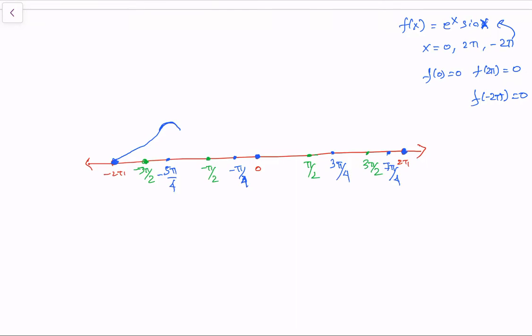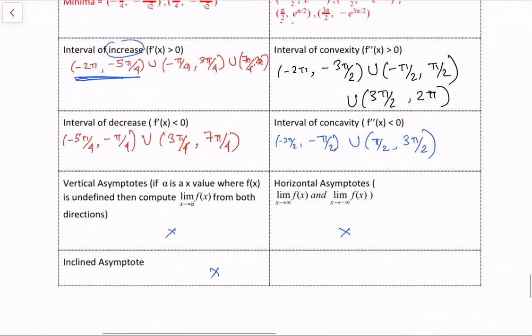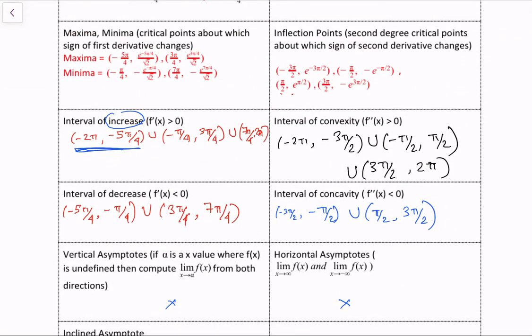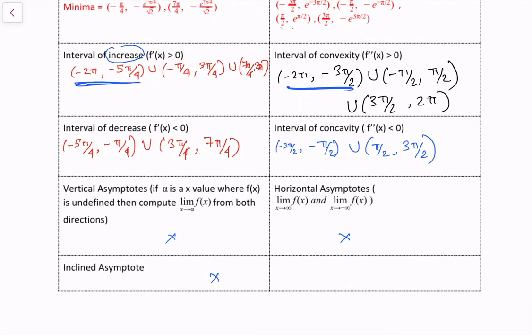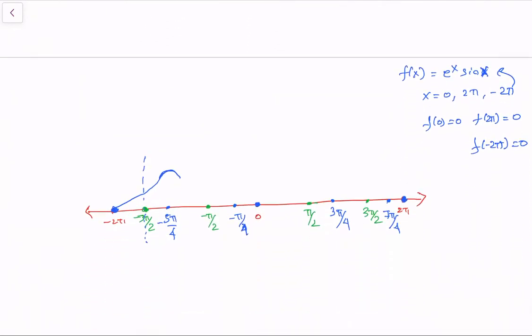Now there is a little subtlety here. Up to negative 3 pi by 2, that is up to here, the function is convex. That is above tangent. So it's probably something like this.